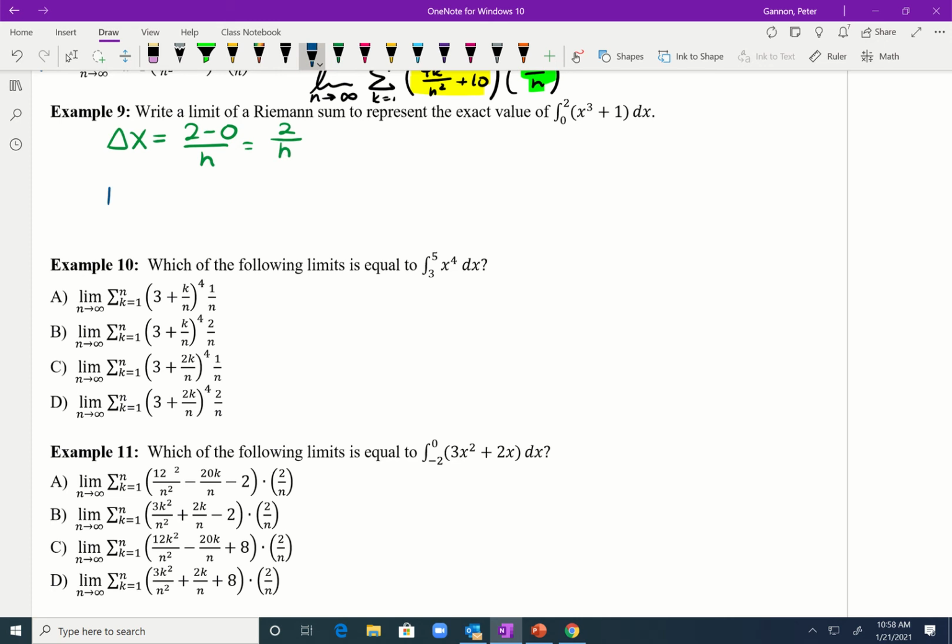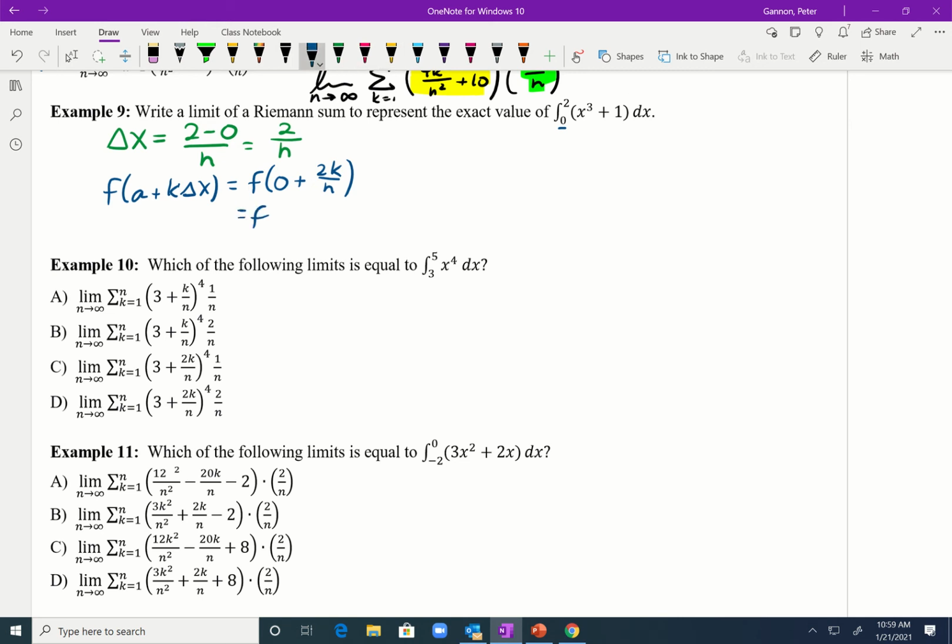Your next step is to find f of a plus k delta x. So, specific to this problem, that is f of 0 plus 2k over n. Again, 0 is coming from the lower limit, and the 2k over n, we're taking k and multiplying it by our delta x value. So 2 over n times k is 2k over n.